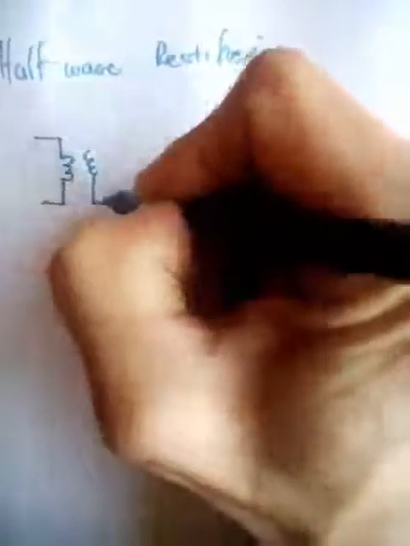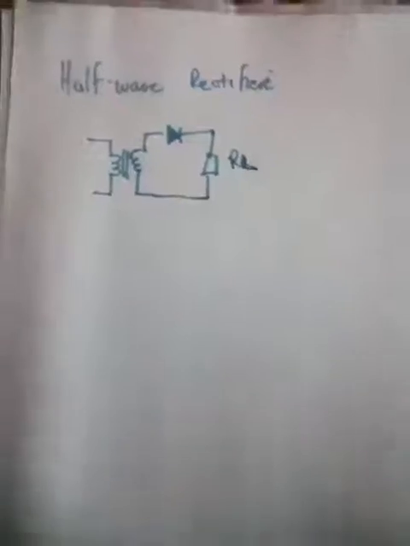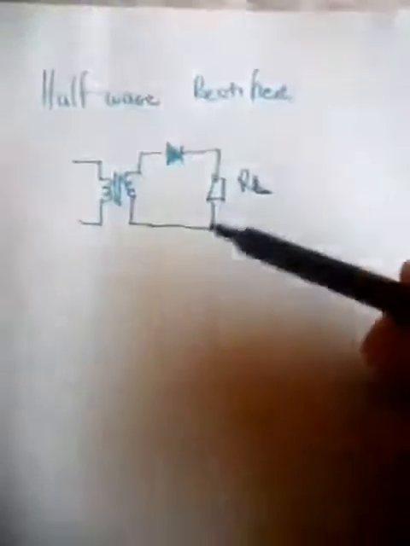You have your transformer, and then you have one diode, and then you have one resistor, which is referred to as RL, your load resistor. So you must be able to explain what happens in the circuit.